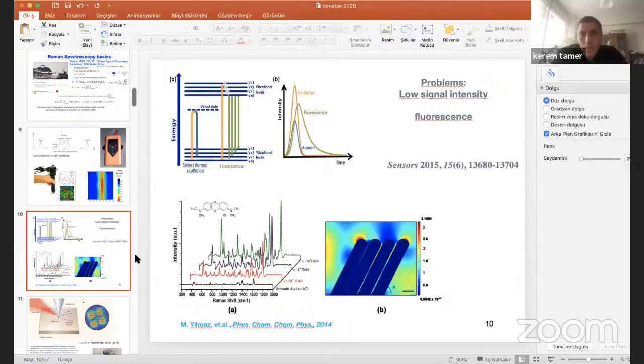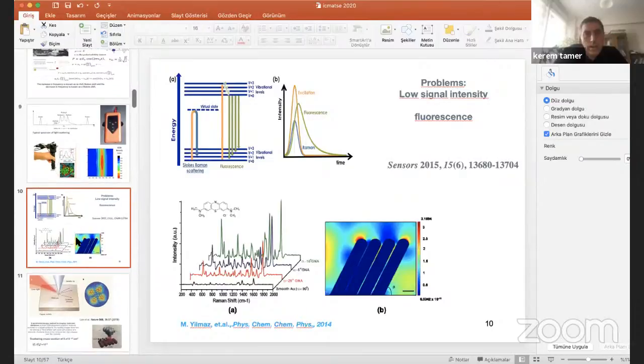Okay, if we make a gold or silver layer or copper layer on the substrate, you can increase the signal. Also, you can decrease or diminish the fluorescence signal using this kind of metallic substrate.